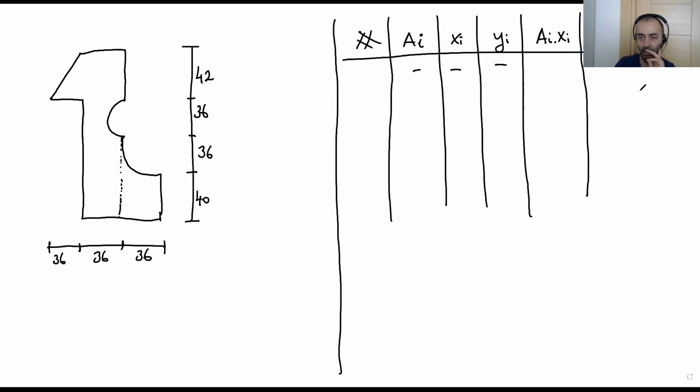That's it, fill the rest. But firstly, we are going to write this part. So we need to divide this complex shape into simple basic shapes.